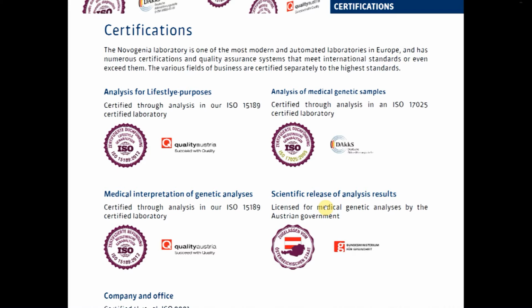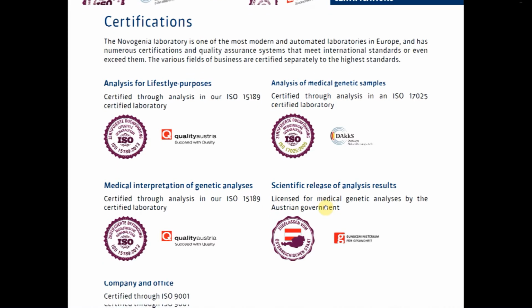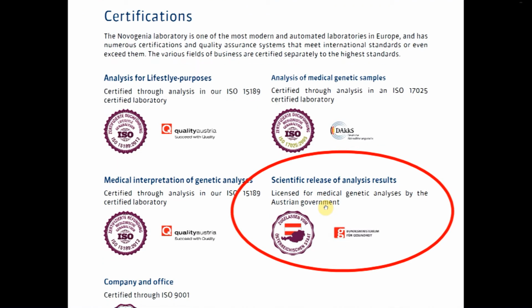So for one thing, this here is from the Austrian state. Many countries have genetic testing laws, which are meant to protect consumers from discrimination against genetics and so on. And they are in a different form in different countries. As far as I'm aware, Austria in Europe has the strictest genetic testing laws that I'm aware of.